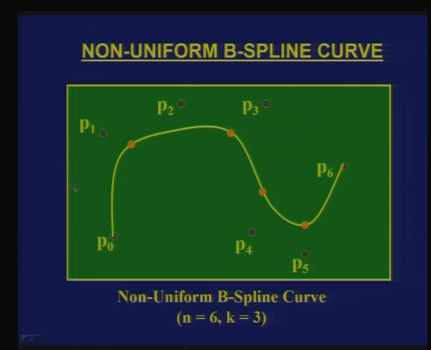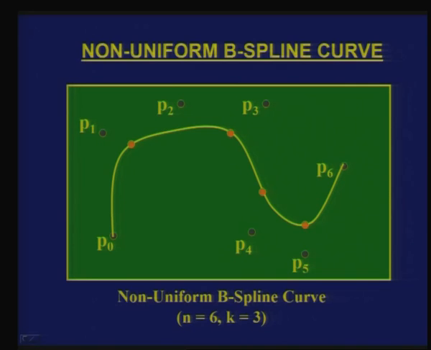This is because we know that every segment is influenced by 3 points. If k is equal to 3, every segment is influenced by 3 control points. Now, if I look from the reverse point of view, if I take a control point, how many segments does it influence? It is not the same for all the control points.